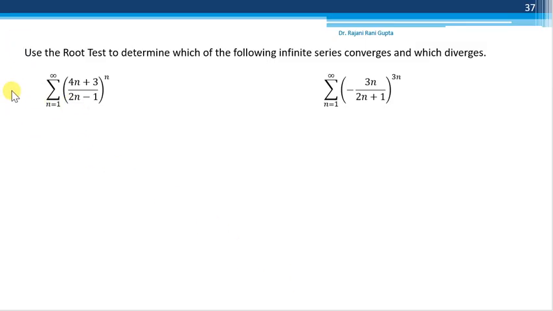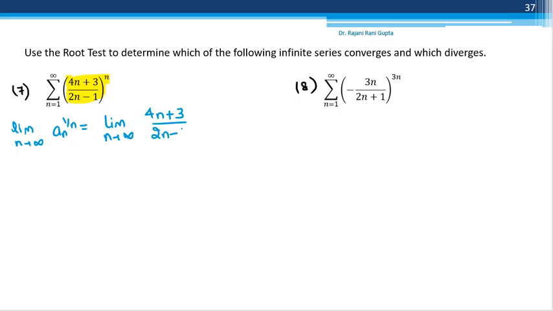Let's try these two examples, 7 and 8. So this whole thing is your a_n. Let me take the nth root. Let me write directly: the limit as n goes to infinity of a_n to the power 1 over n is the same as the limit as n approaches infinity of 4n plus 3 over 2n minus 1, correct? Because when you take the nth root, this n gets cancelled. Now you see the n in numerator and denominator, so divide both by n.